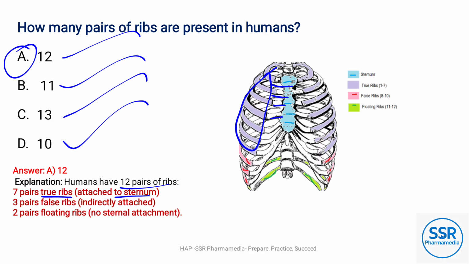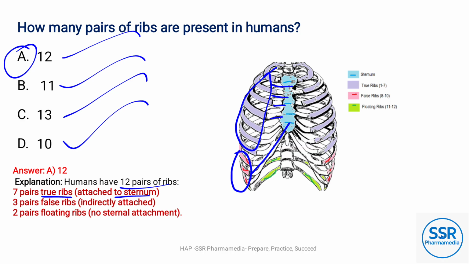And 3 pairs of ribs are called false ribs, indirectly attached. These 3 are indirectly attached to the sternum, so they are called false ribs. And 2 pairs of ribs are called floating ribs because they are not attached to the sternum.